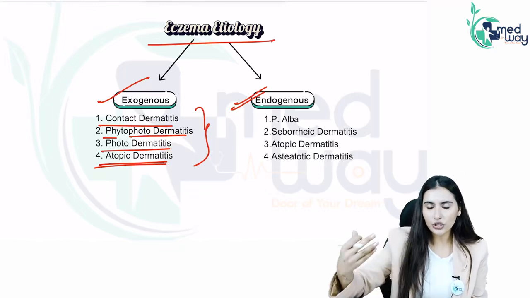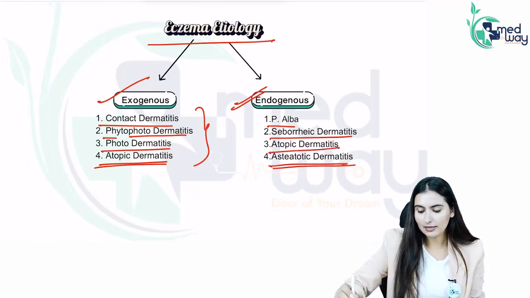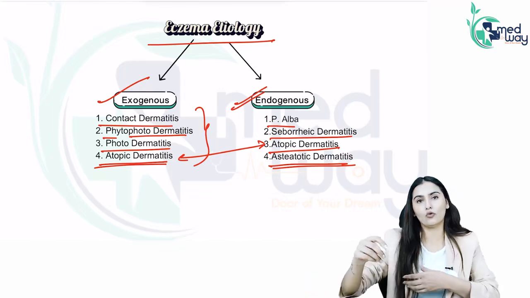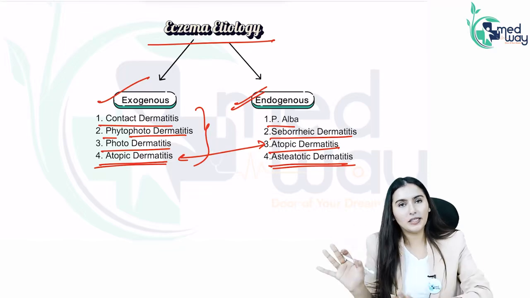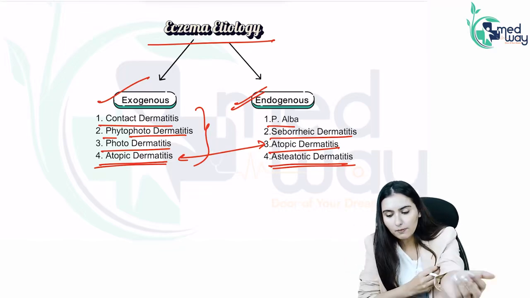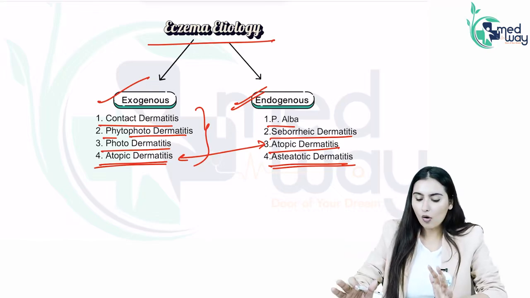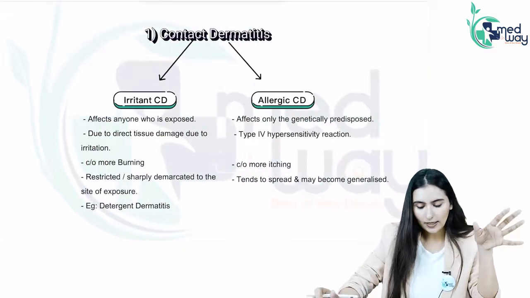When it is endogenous, you can get pityriasis alba, seborrheic dermatitis, atopic dermatitis and stasis dermatitis. You see, atopic dermatitis can be both exogenous and endogenous. It is actually a mixture of exogenous and endogenous. Don't worry. I know the names look weird, but you're going to read about them in detail in like 5 minutes. Each one of the diseases is going to be touched. Alright, let's go ahead.